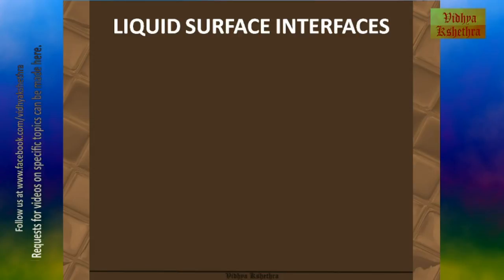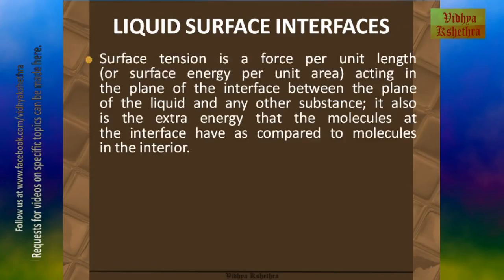Now, liquid surface interfaces. In order for surface tension to happen, it requires interfaces. Surface tension is a force per unit length or surface energy per unit area, acting in the plane of the interface between the liquid and any other substance.